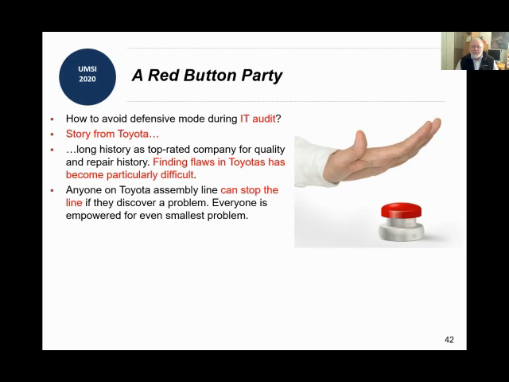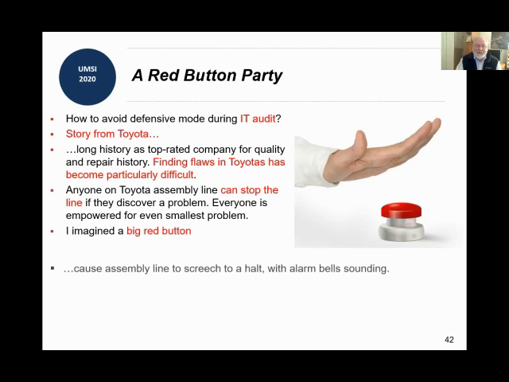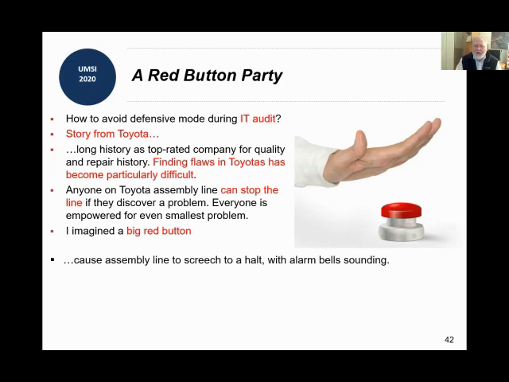So if there's a problem or a defect, somebody can stop the line, and I sort of envision there being a red button that they could push that would cause everything to stop. That was probably located in a number of places on the assembly line across the factory floor. And I imagined alarm bells sounding, and the line screeching to a halt.